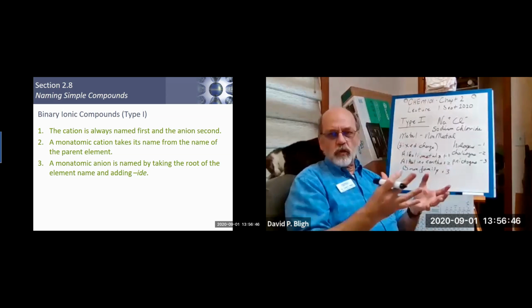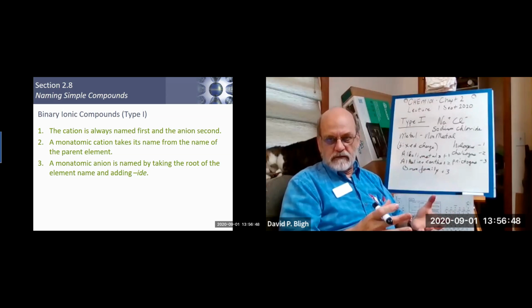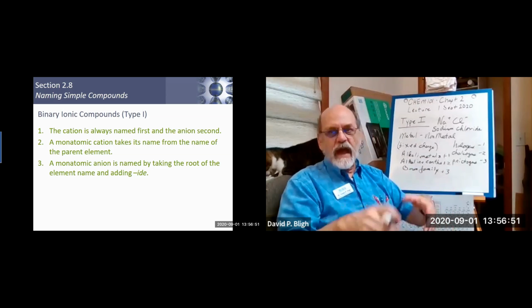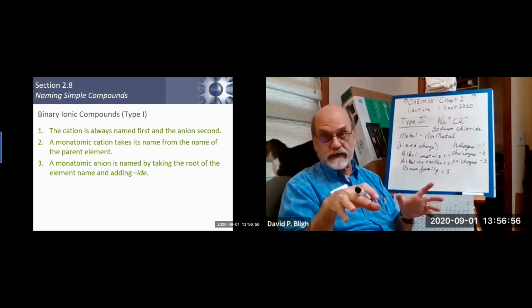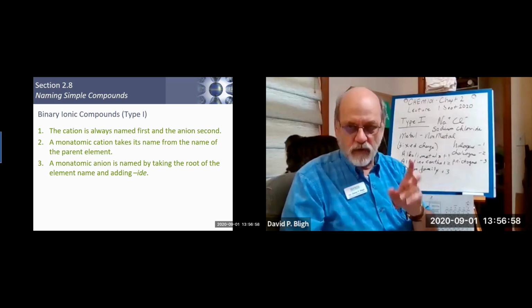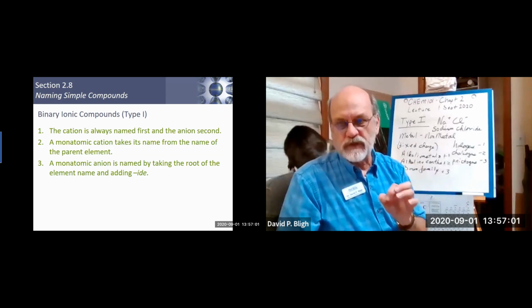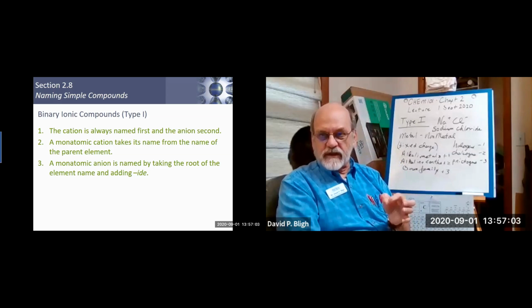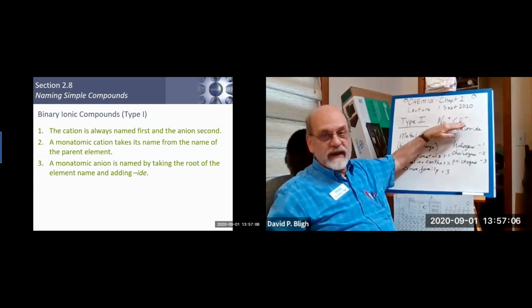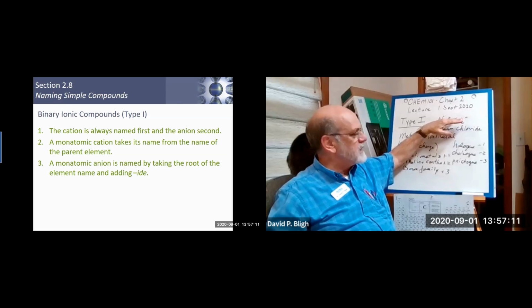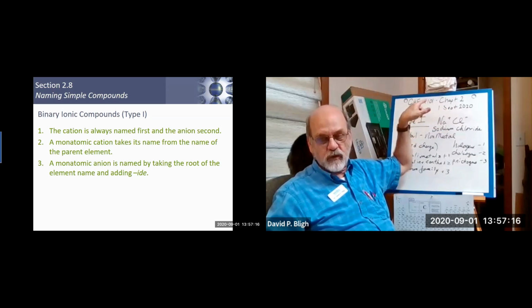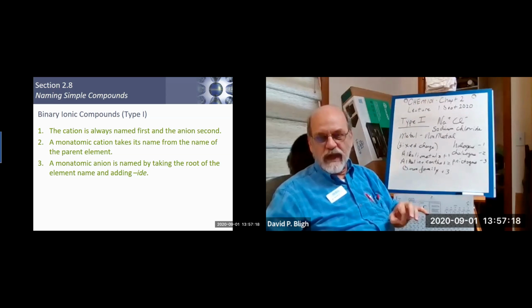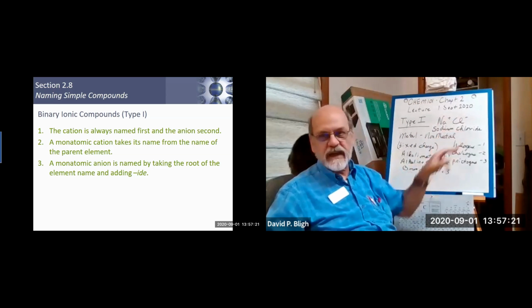Now, the overarching rule for all of these naming conventions, even for the more complex ones in organic chemistry, is non-ambiguity. What that means is, if you see that compound name, there's only one way to write the formula. You can't write 2 different formulas for the same name.